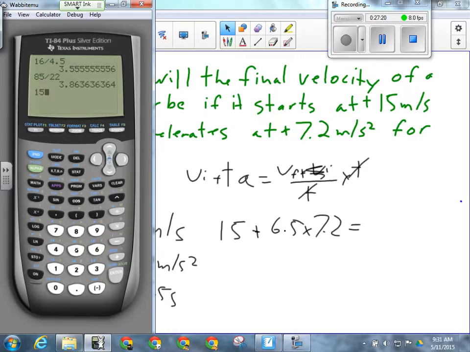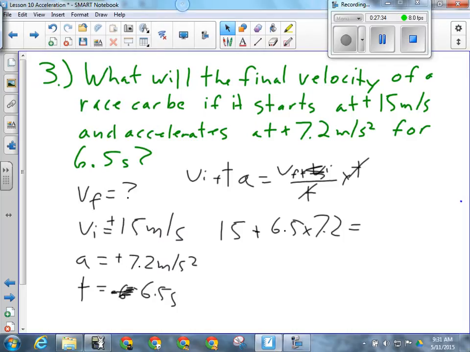So 15 plus 6.5 times 7.2, and your calculator should do proper order of operations if you type it in that way. We've got a final velocity of 61.8 meters per second, and that should also have a plus sign on it, because the other two were also positive.